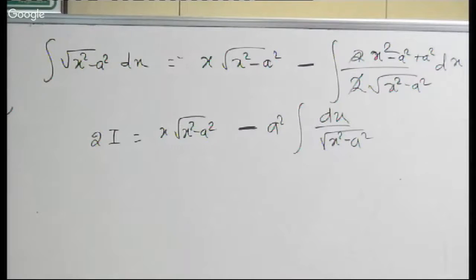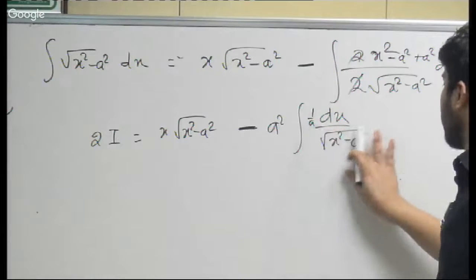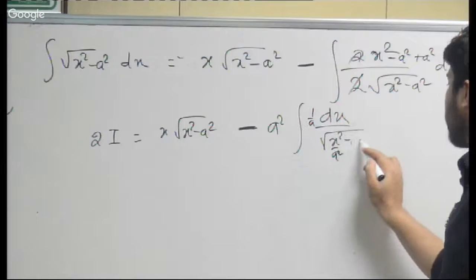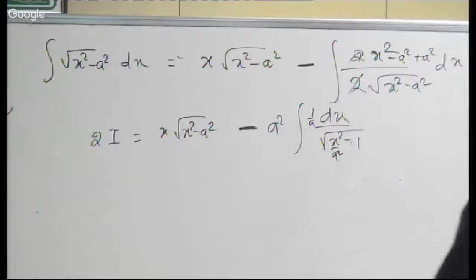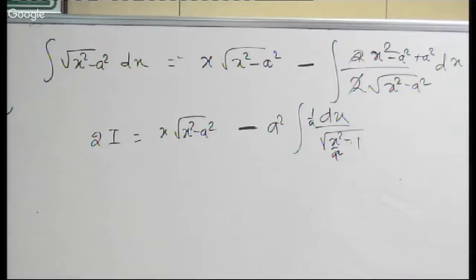Now again, I'm going to divide it. So it will be 1 by a and it will be x square by a square. So I'm going to put x by a as sec theta. So it will be sec square theta minus 1, that is tan theta. And the above we will get sec theta into tan theta. So finally it will be sec theta d theta.